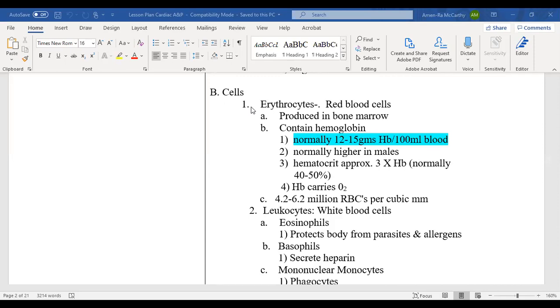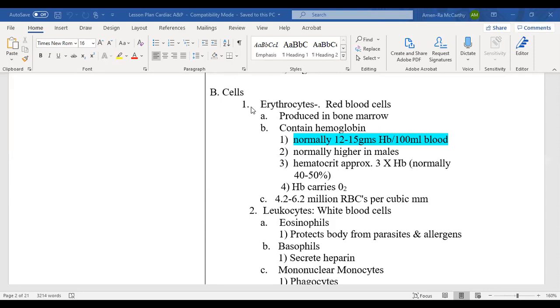Now, what's some important things about hemoglobin? The normal hemoglobin amount is 12 to 15 grams per deciliter of blood. Male and female are different, but we use a roundabout number, 12 to 15. That's the normal hemoglobin for both male and female together. 12 to 15 grams per deciliter of blood.